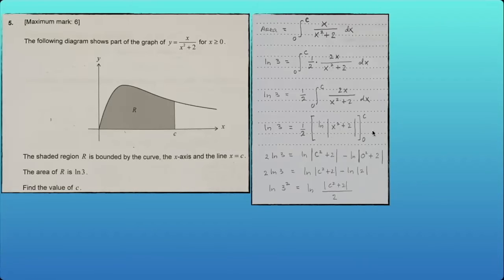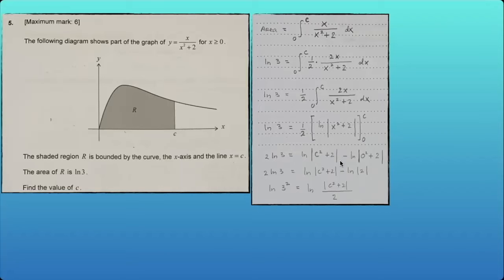And then we put the boundaries, 0 and c. From here, we multiply both sides by 2, and we substitute the upper limit first into this expression, followed by the lower limit, and we subtract them.